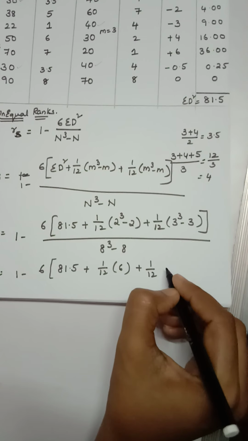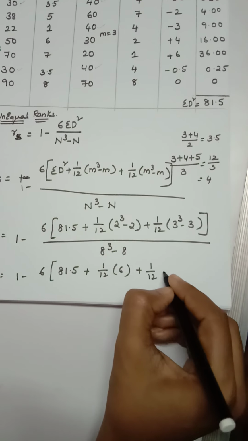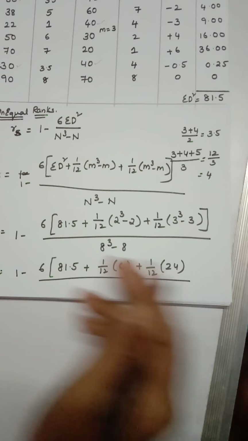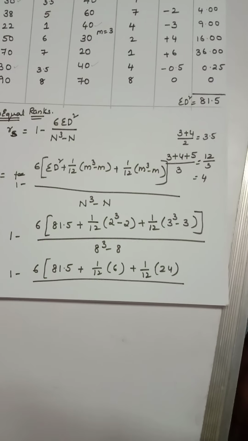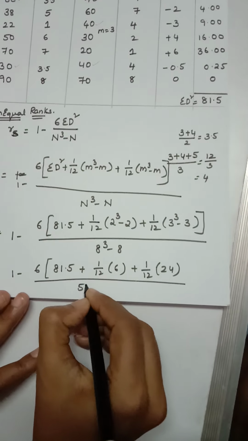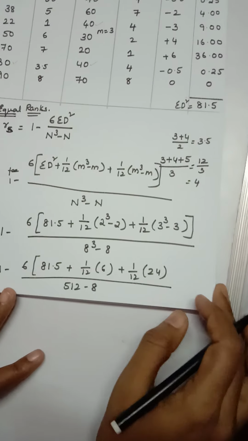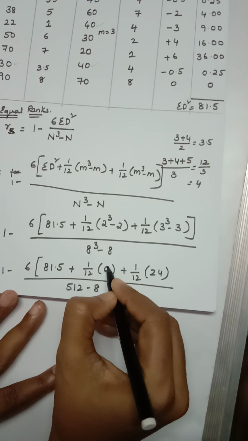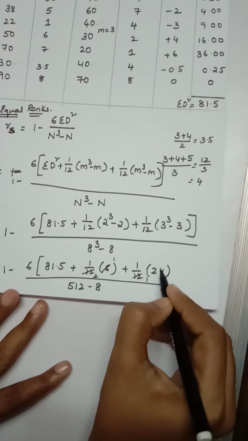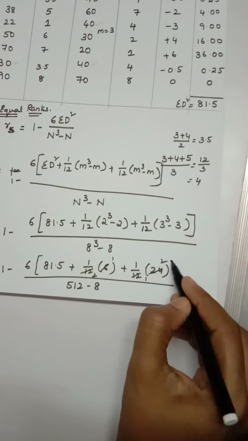So 3 cube is 27, minus 3 means 24. Divided by 8 cube, which is 512 minus 8. A little bit of calculation we can do here. 6 ones are 6, 6 twos are 12, 12 ones are 12, 12 twos are 24. So close the bracket here.